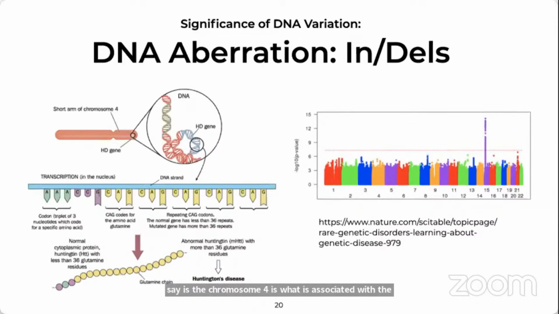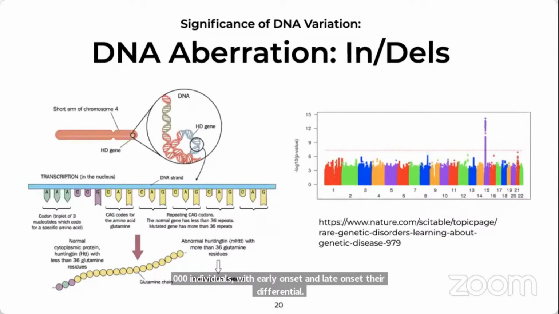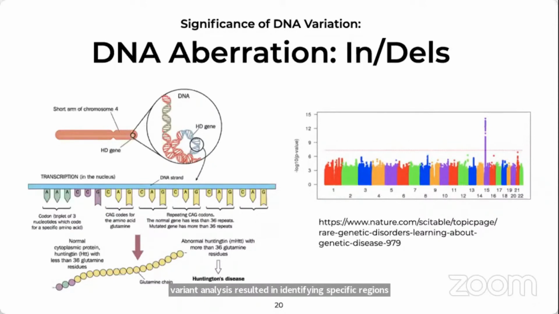But when they performed this targeted sequencing in these 1,000 individuals with early and late onset, their differential variant analysis identified specific regions of chromosome 15 that had a higher number of copy number aberrations.